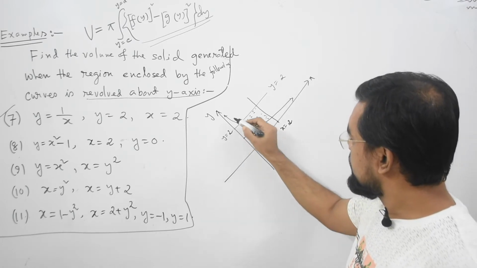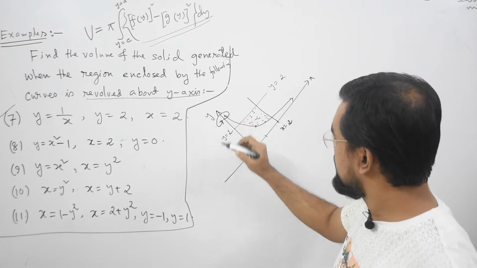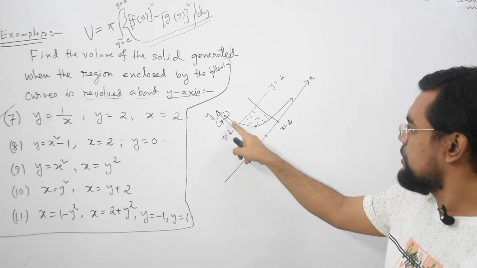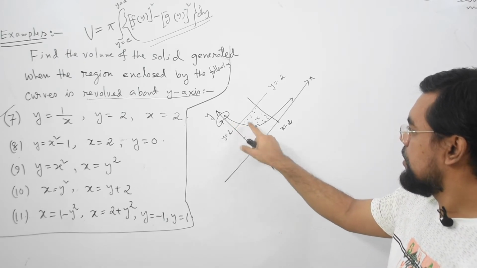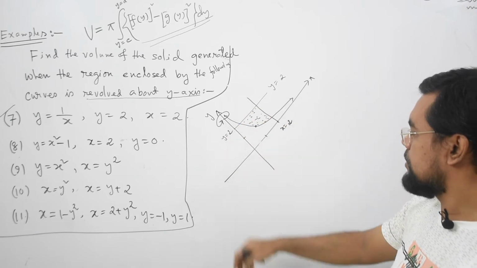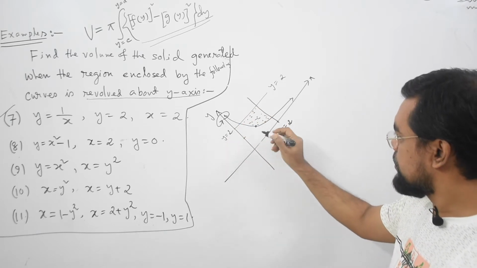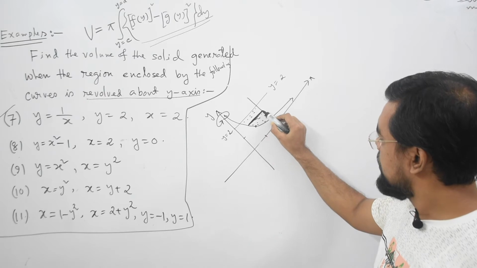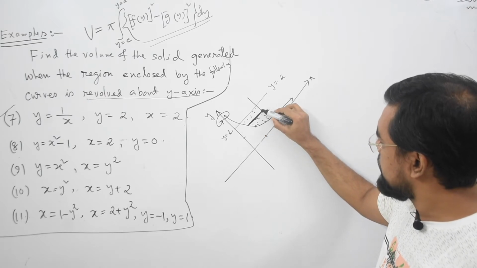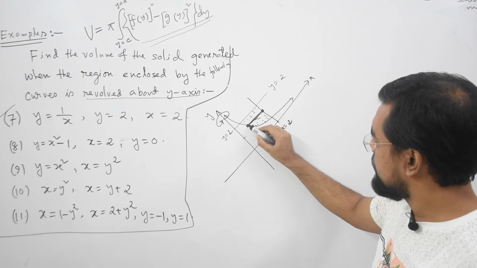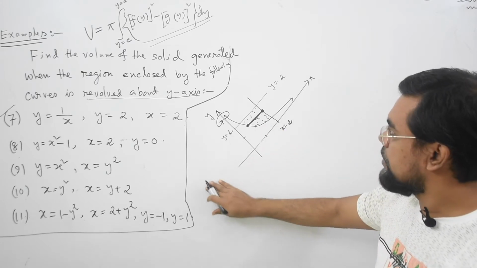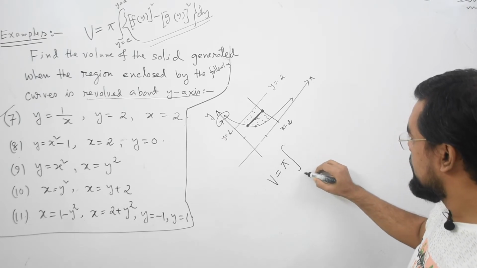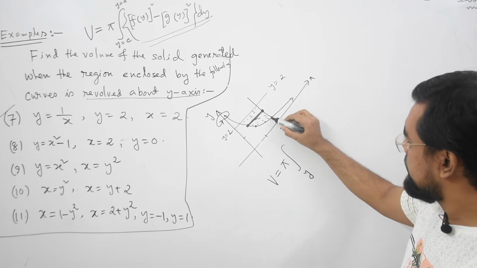Now if you revolve this region about the y-axis, then the solid you will get will have an empty interior, because this region is a bit away from the y-axis. So you need to use the method of washers, and the cross section you need to take perpendicular to the y-axis. The curve right one is this one, and the curve left one is this one. So using our volume formula we can write V equal pi integral, what is y here?